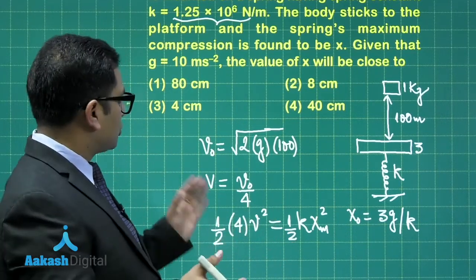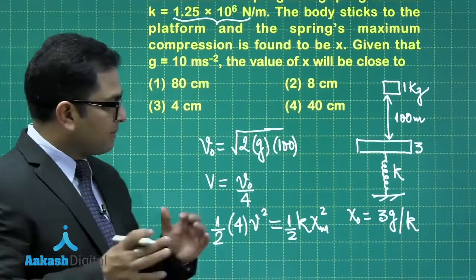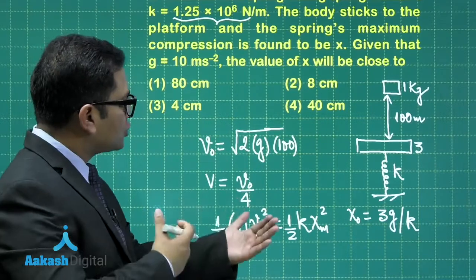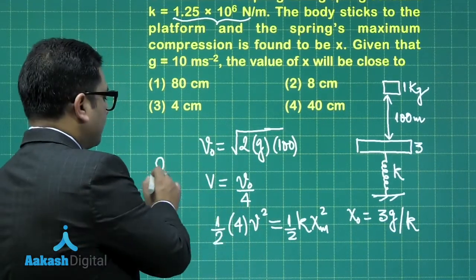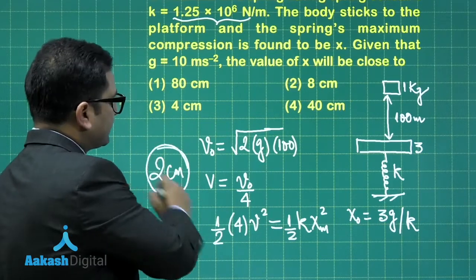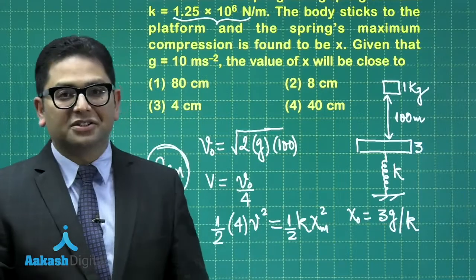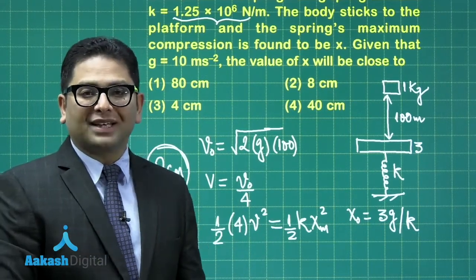And unfortunately, 2 centimeter is the option that we have nowhere. So we maintain the stand that there is no option correct, or very closely correct option is also missing. So in that case, we reserve our answer to be 2 centimeter, and therefore say that there is no option which matches the solution that we have found. Fair enough. Now it's time to go to the next question.